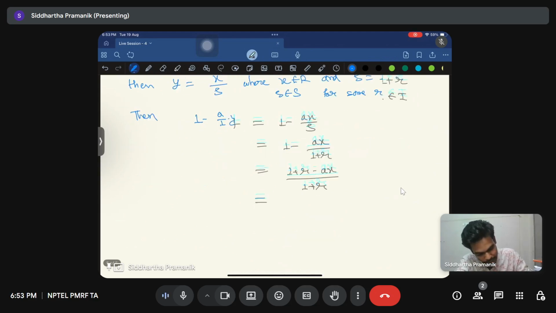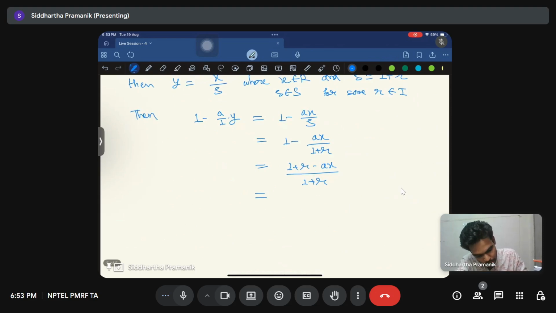So this is the same as, okay, now let's look at this element. So this is 1 plus a prime by 1 plus a. So this is some s prime by s.